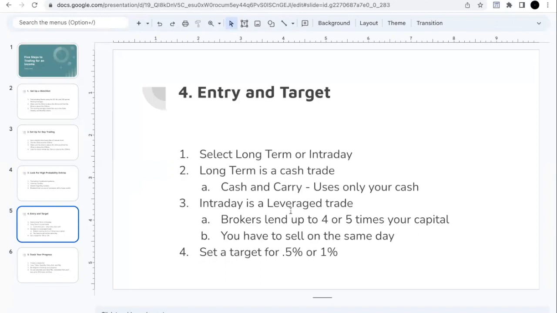And also, the leverage means that when you make a profit, you can make 4 or 5 times the profit, 4 or 5 times what your cash availability is, which can be good. But if you lose, you can lose that much as well, that much more.